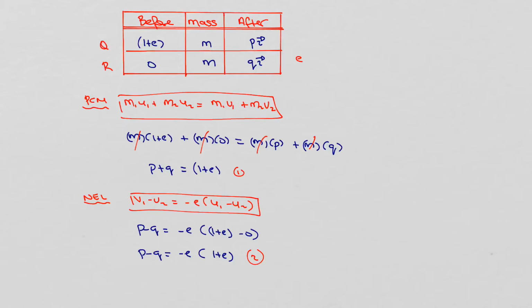So I'm going to set up my two simultaneous equations side by side then on the next page. So we have P plus Q is equal to 1 plus E. And then we have P minus Q is equal to minus E times 1 plus E. So I can see my Q's are going to cancel here.